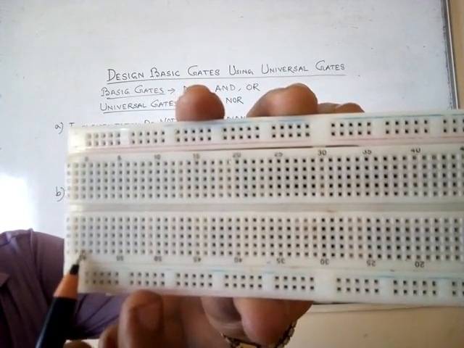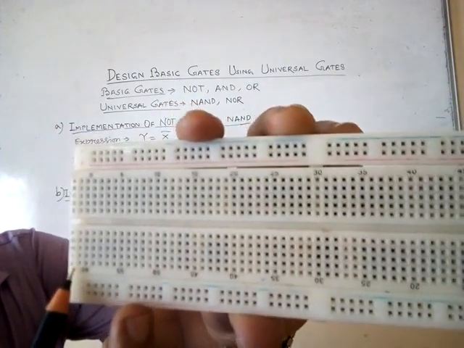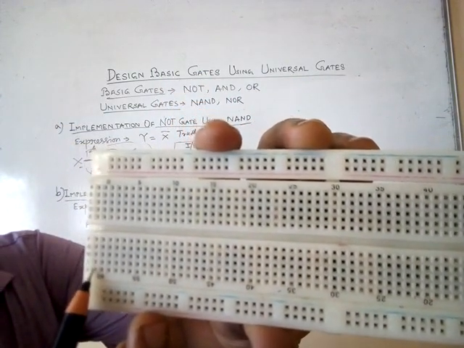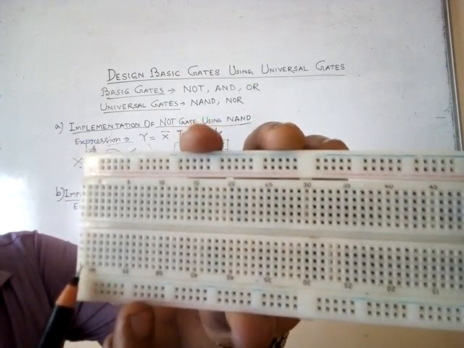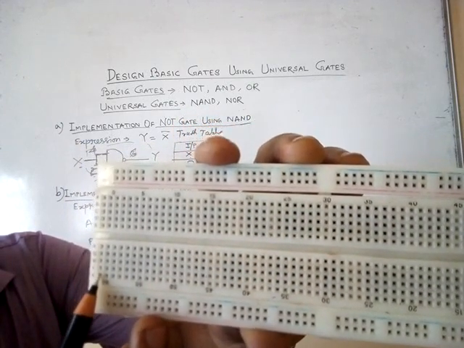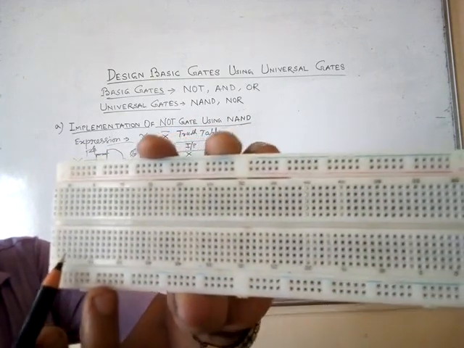This point and this point have no connection, but these 5 points are vertically shorted. If we connect a wire at this point, and another wire at this point, these 2 wires will be shorted. But if we connect 2 wires at these points, they are not shorted.